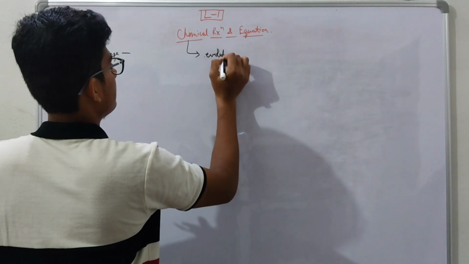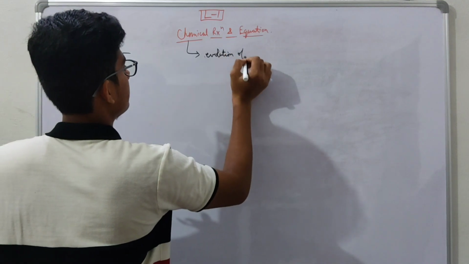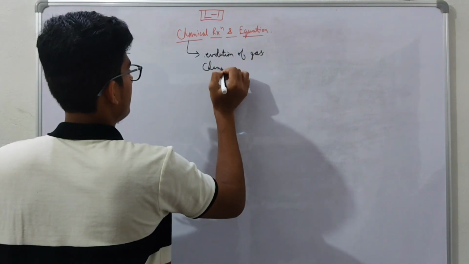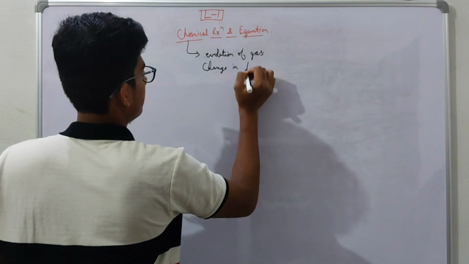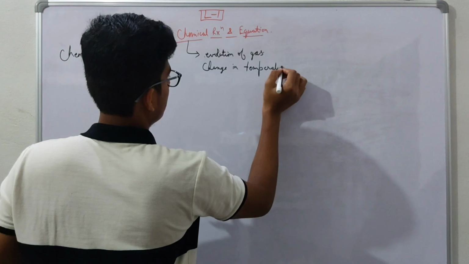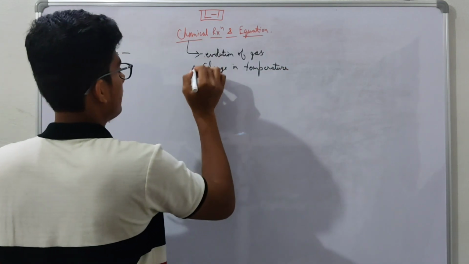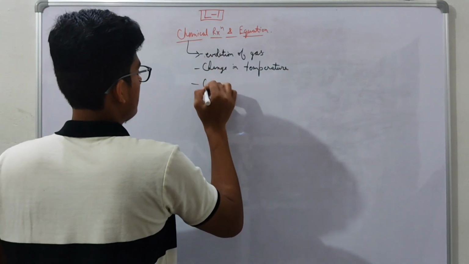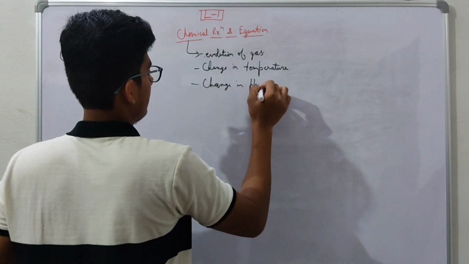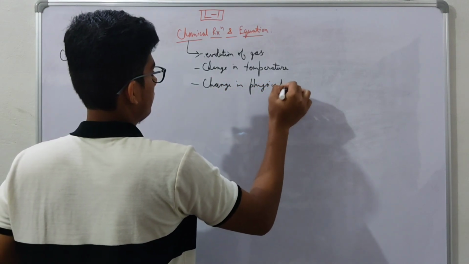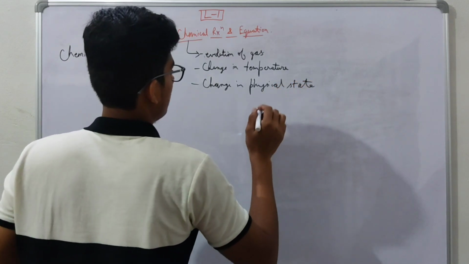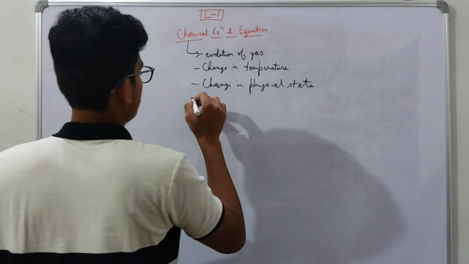In a chemical reaction there are some things like evolution of gas, change in temperature, after that change in physical state, which can also occur, and change in chemical composition.